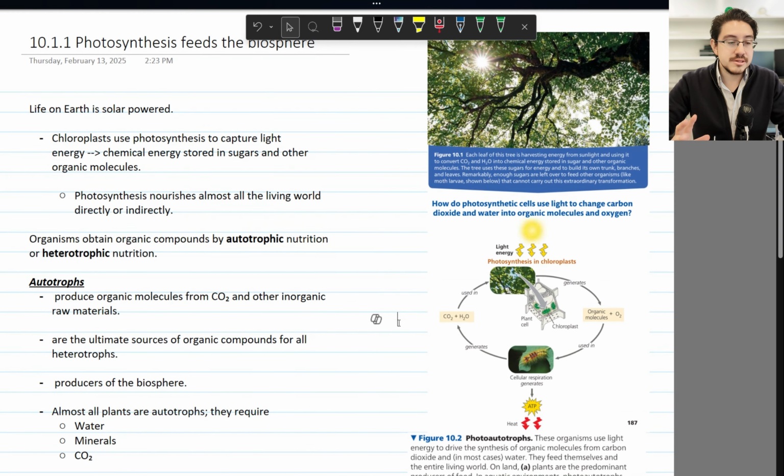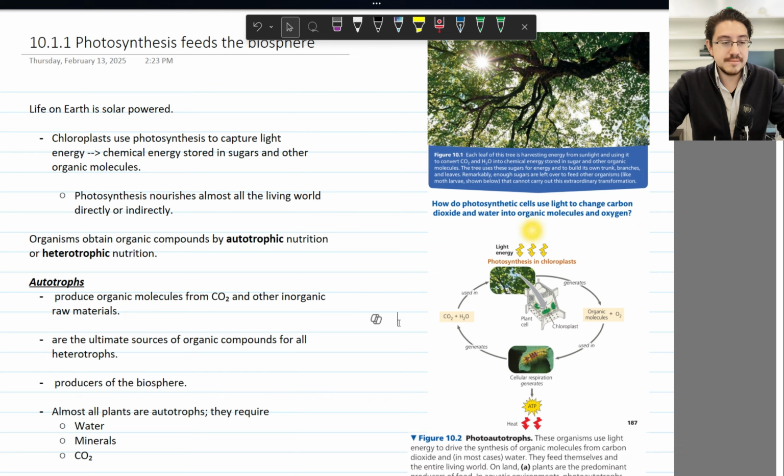Okay, photosynthesis nourishes almost all of the living world, directly or indirectly. There are some organisms that are independent of photosynthesis that you can find in hydrothermal vents deep in the ocean floor.